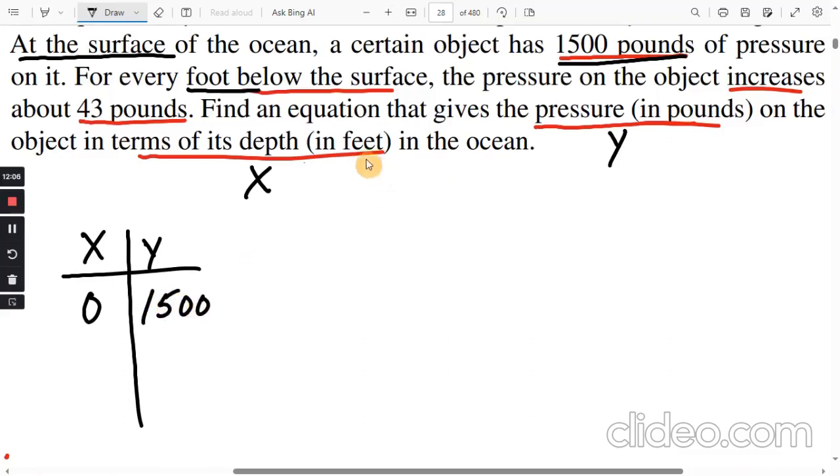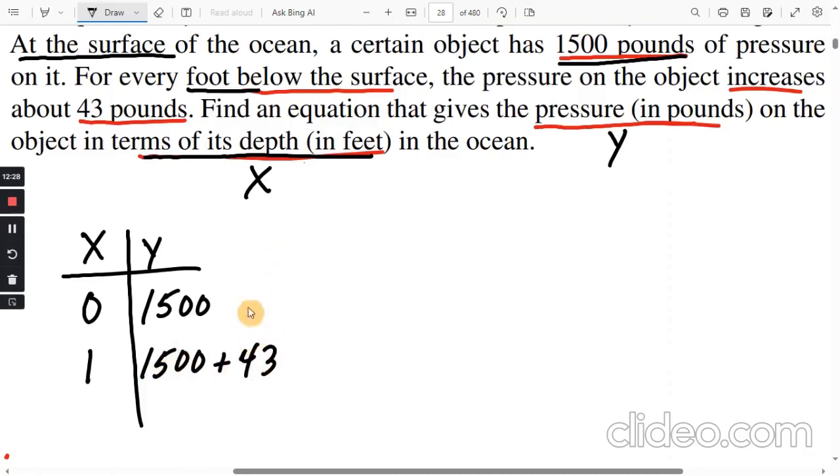And every time you go a foot down, the pressure increases by 43. Remember, the depth is in feet. So if you go down 1 foot, the pressure increases by 43, so it's going to be 1,500 plus 43.